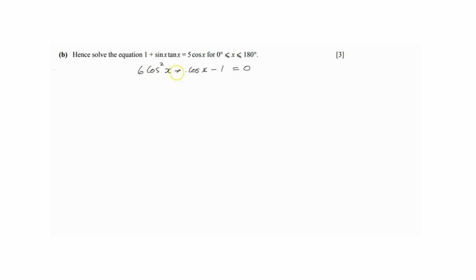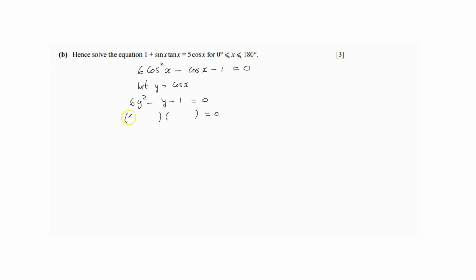Here, we can see that this can be expressed as a quadratic equation, and we can factorize it. So let y equals cos x. Therefore, we have 6y squared minus y minus 1 equals 0. And we can factorize and solve this equation.